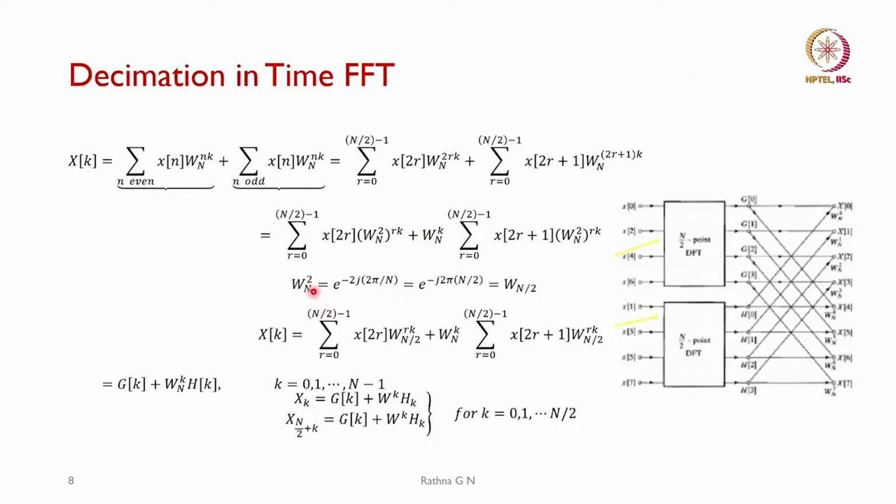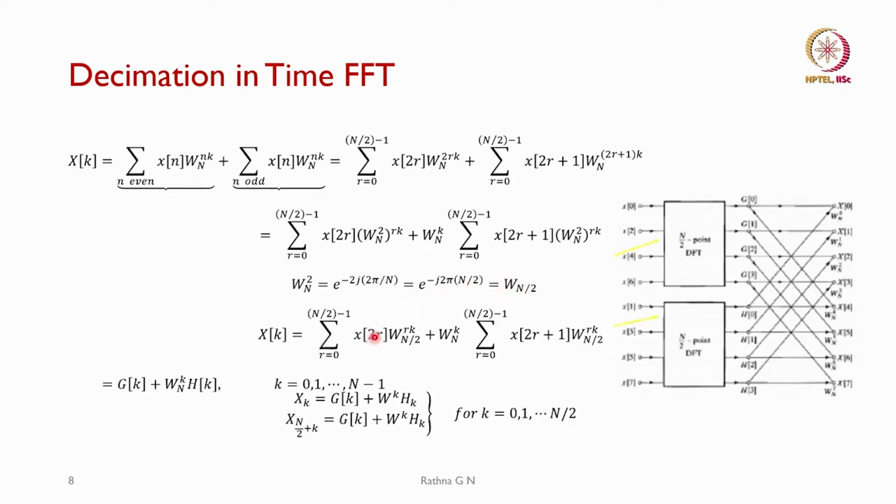Now we will see what is going to happen with our W_N^2, which is nothing but e to the power minus j 2 pi by N squared, which when you split is going to be e to the power minus j 2 pi by N by 2. So, we will name this twiddle factor as W_(N/2). Fine.